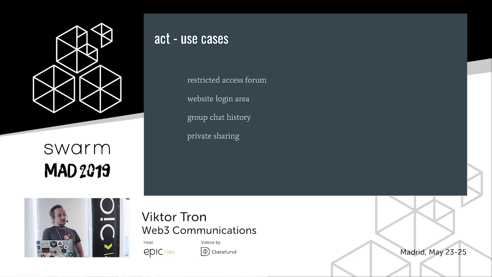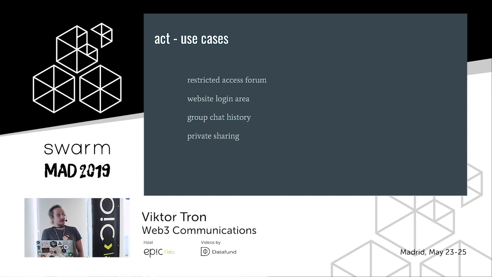Before, I said that with the storage layer you can just have public dapps or Wikipedia or any kind of blogs implemented. With the ACT, you can implement a restricted access forum, like an authenticated login area for a website. You can have a private group chat history and all kinds of private sharing.